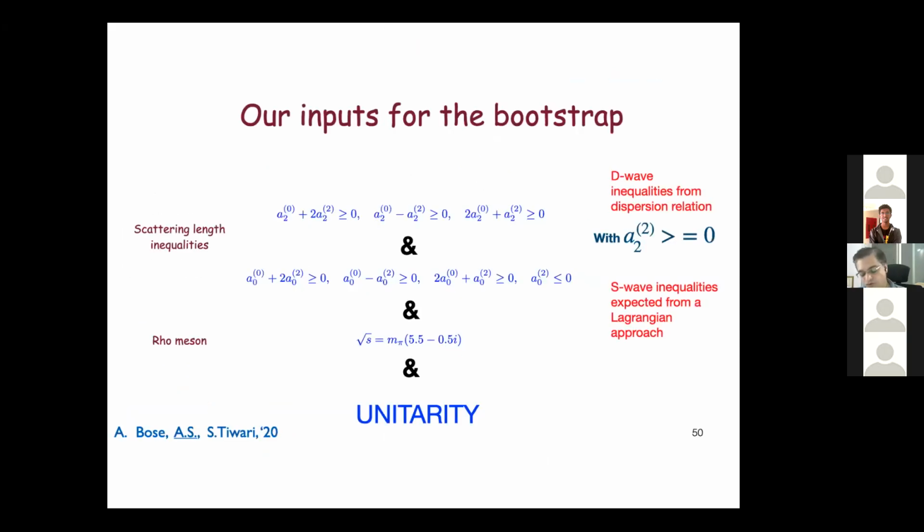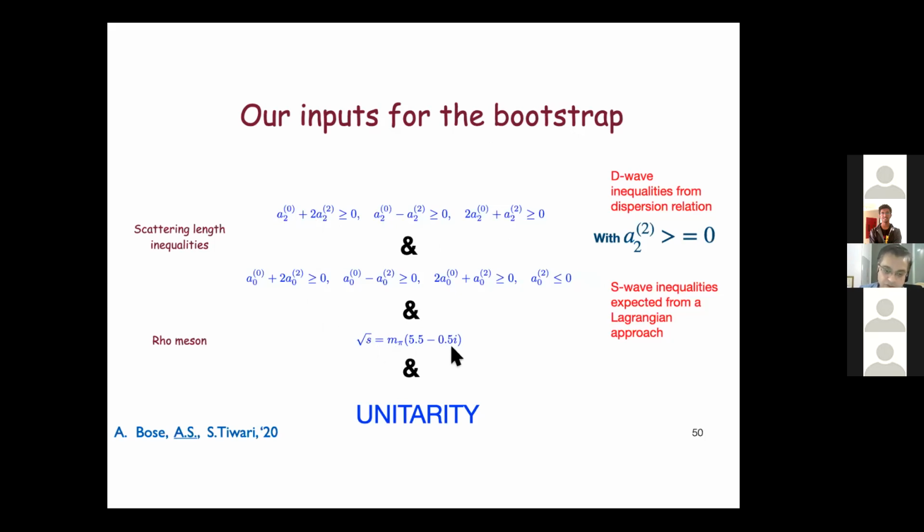So we can do a different version of the Bootstrap. Not the version that these folks have done, but one motivated by the signs of these dq relative entropy inequalities, or the signs that come from dispersion relation arguments. This is what we can use as inputs for our Bootstrap. These two lines are signs that are motivated from this dq argument.